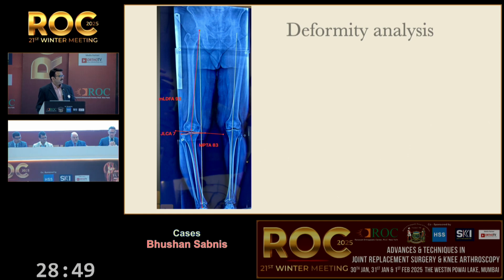Okay, so if we look at this, there is a soft tissue component. His joint line congruence angle is open, but he's got his LDFA in valgus, and he's also got a big contribution from his tibia.